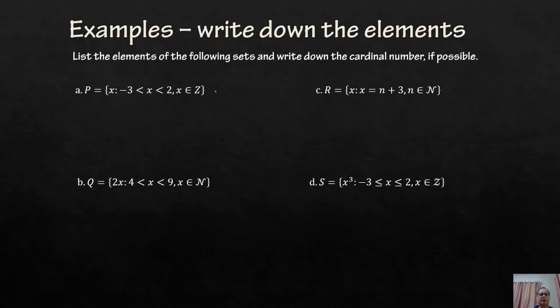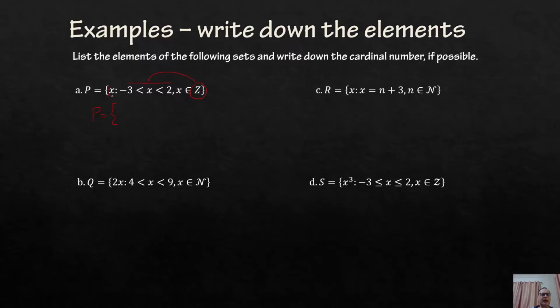Here are examples of how we write down the elements from a set when we're given the set builder form. So let's start by writing the name of the set P. This is telling us to write down the integers that are between minus 3 and 2.